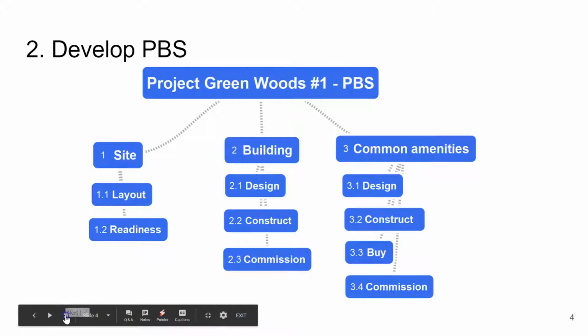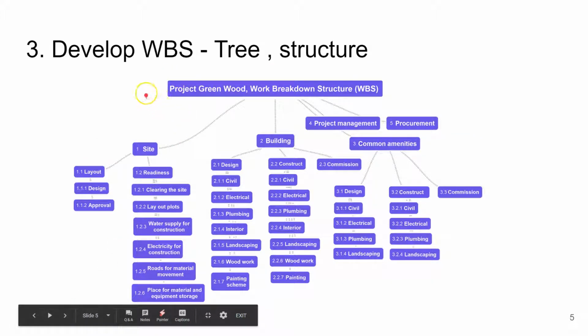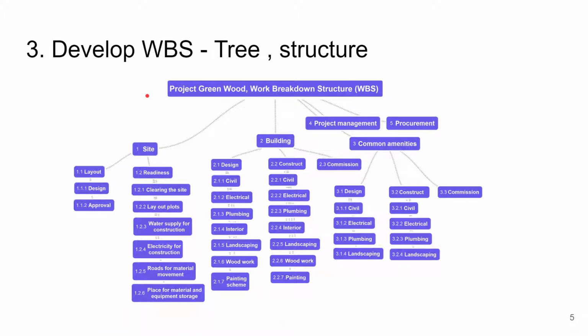And once the product breakdown structure is done, the next step is creating the work breakdown structure using the product breakdown structure. So here again we have the site part, the building, and the common amenities. We superimpose on the product breakdown structure those activities that need to be performed to create those deliverables. To make the site ready, the first one is layout, and for layout we should design the layout and get the approval.